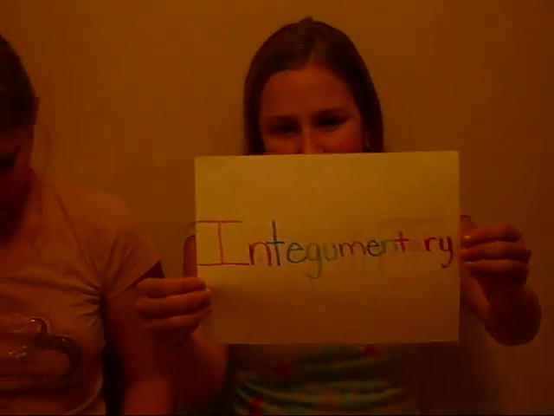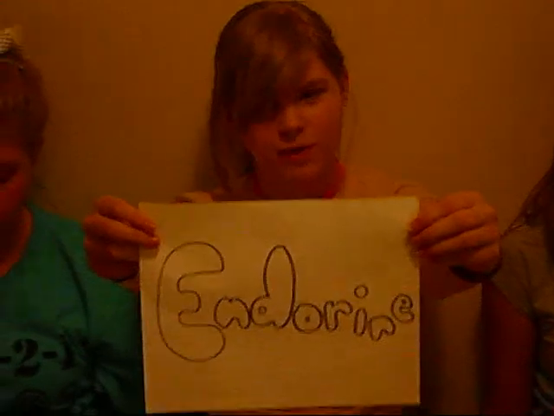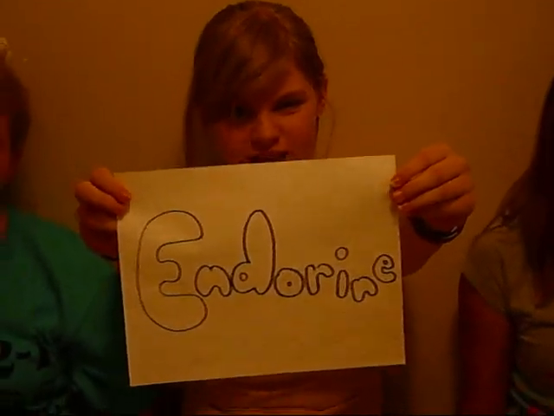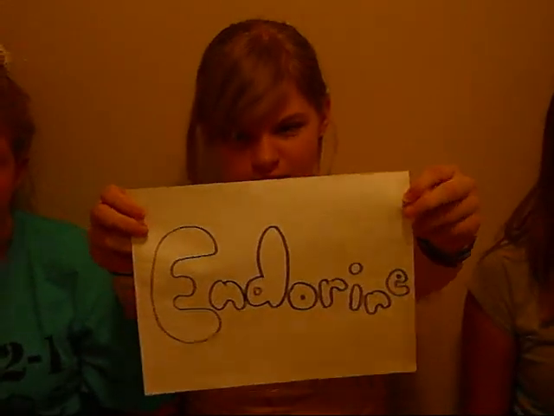Then we have the integumentary. This is made up of skin, nails, and eyelids, and this protects the inner body against outside forces. Then the endocrine. It controls the body's daily activities and long-term changes. It is made up of glands that release chemical products, or hormones, into the bloodstream. Then we have the nervous system, which has two.